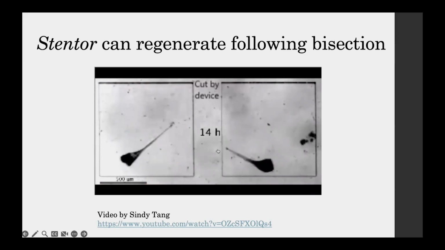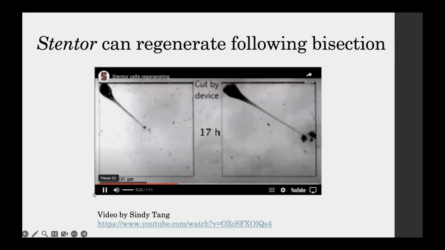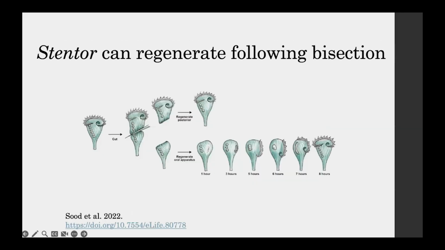So the Stentor are remarkably resilient and can fully regenerate, and the time scale for this is around 8 to 10 hours. The head grows a new tail, and the tail grows a new head.